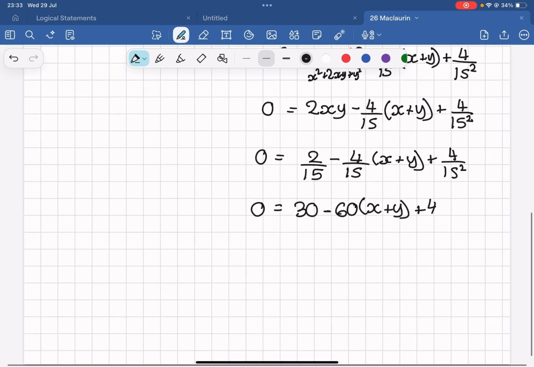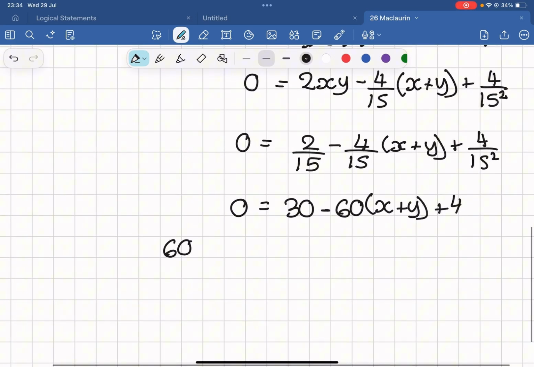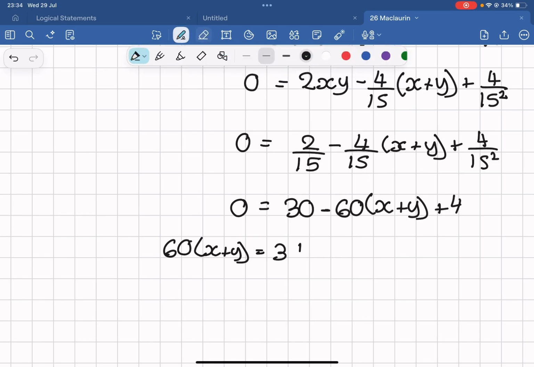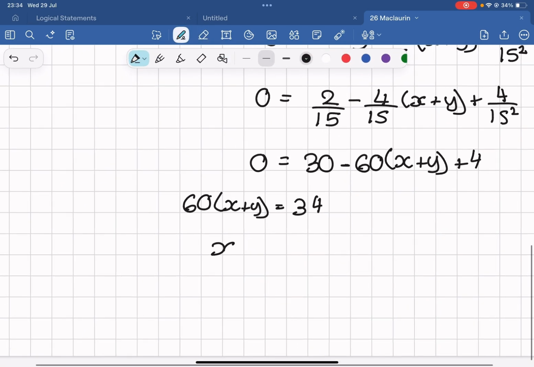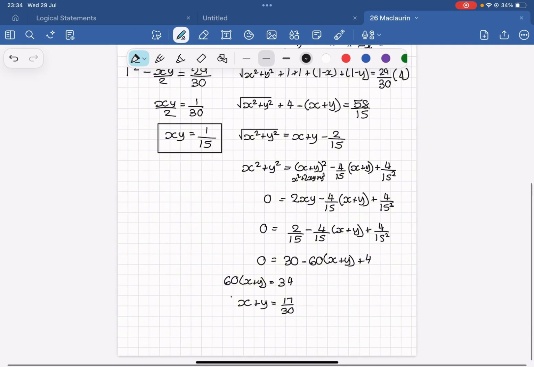Right, let's neaten this up. So then we'll have 60 times x plus y equals 34. Then we'll have x plus y equals 17 over 30. That's cool. So now we have another piece of useful information.